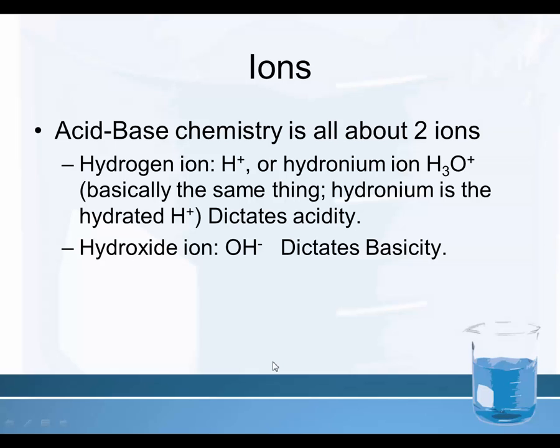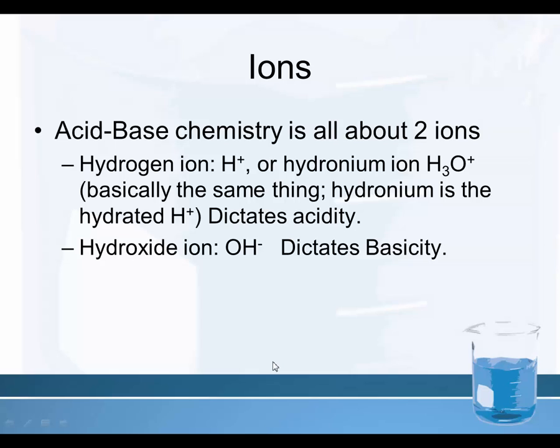Acid-base chemistry is all about two ions. It's about the hydrogen ion, which is also known as the hydronium ion. If you've got a lot of hydronium or a lot of hydrogen ions, you've got an acid.